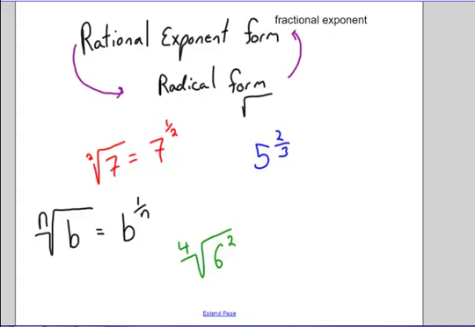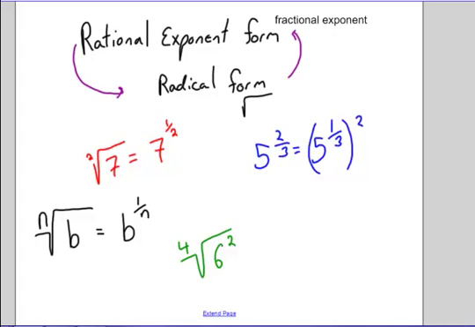If we have 5 to the 2/3, well, we can break this down using the rules of exponents and say that it's the same thing as 5 to the 1/3 squared. This is the same thing. If I multiply this power by this power, that gives me 2/3, and I'd be right back to where I started.